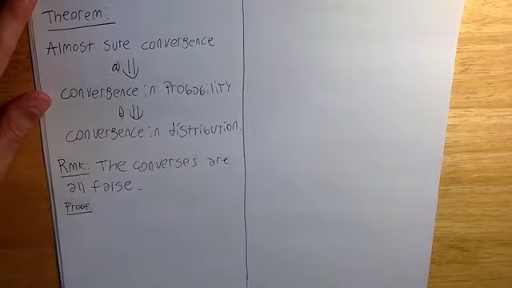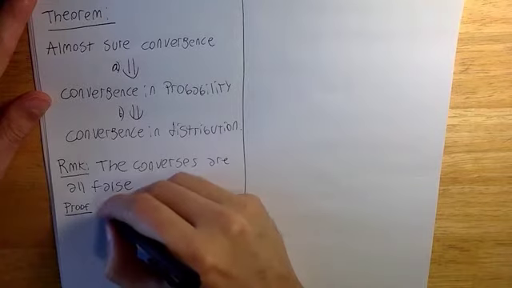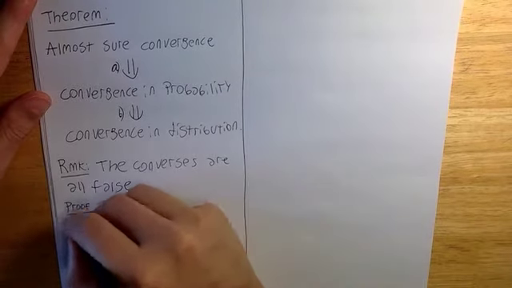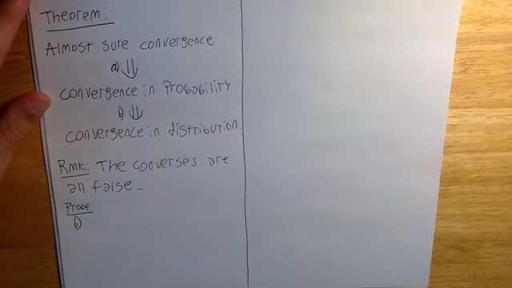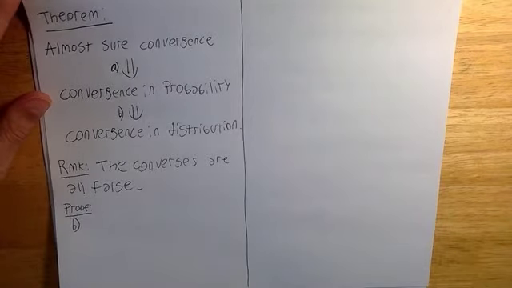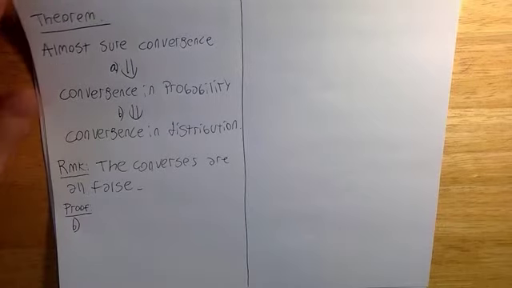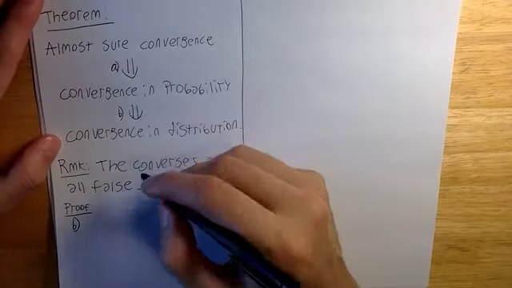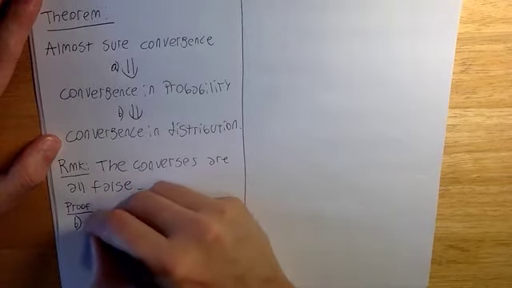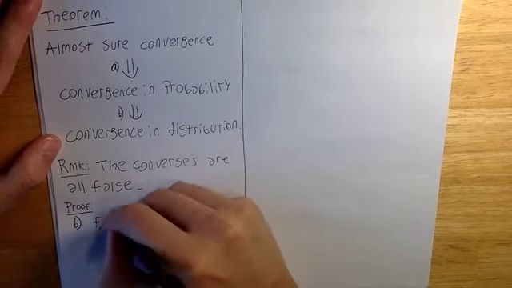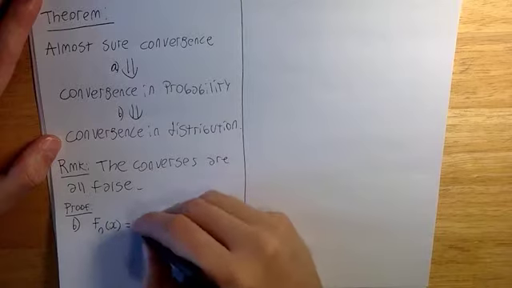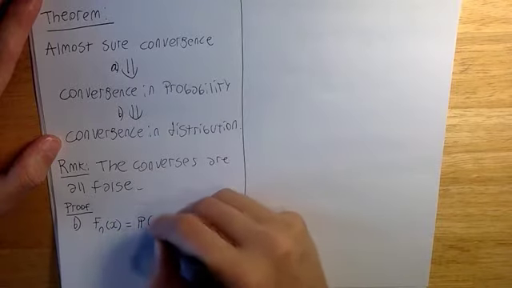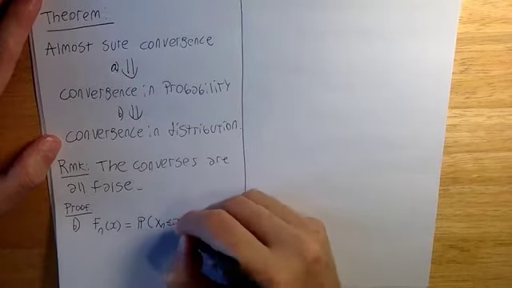Proof. Let's start with B. Here we want to show that convergence in probability implies convergence in distribution. So let's look at the distribution for Xn, F_n of x, which is equal to the probability that Xn is less or equal than x.